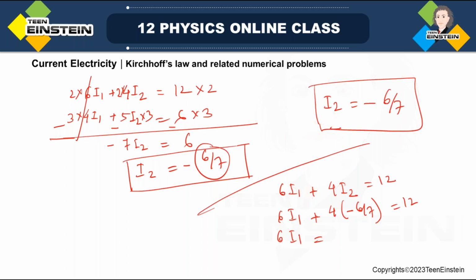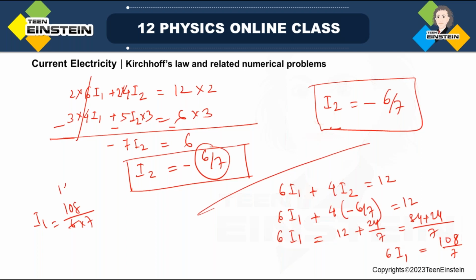So this will be 12 plus 24 by 7, so this will be 84 plus 24 divided by 7, 108 divided by 7, 6I1. So I1 will be 18 by 7.